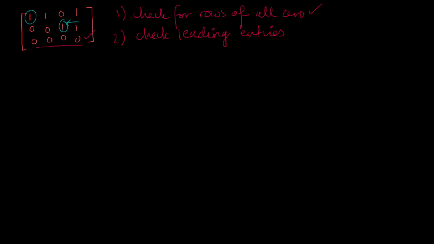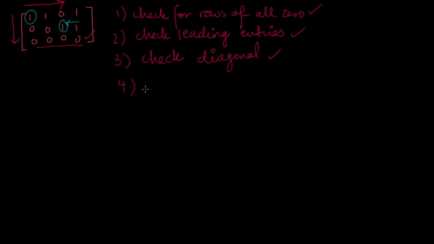So the third thing that we want to do is check for a diagonal from left to right, top to bottom. Are these leading entries going in that direction? They are. So we can say that the diagonal has been checked.